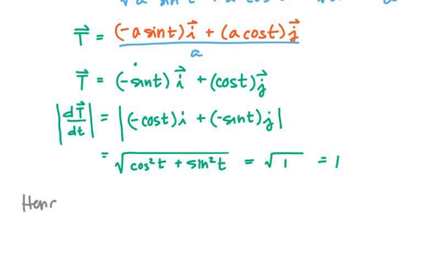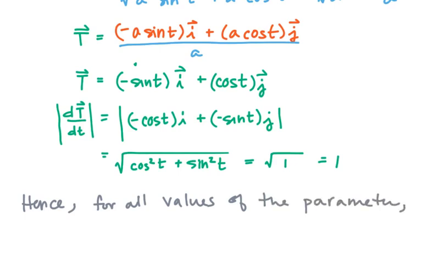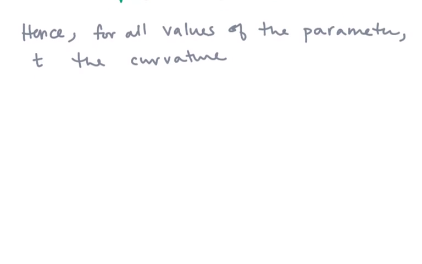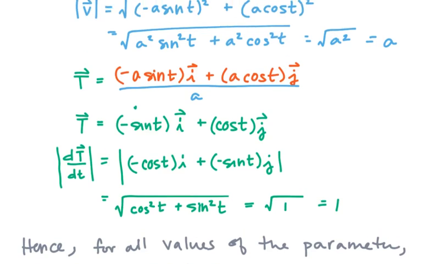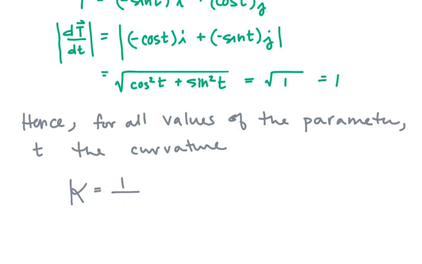What we can say here, hence, for all values of the parameter, which is t, the curvature, kappa, we have 1 over the magnitude of my velocity vector v, which was a, times the magnitude of the derivative of the tangent unit vector, which we get is 1.